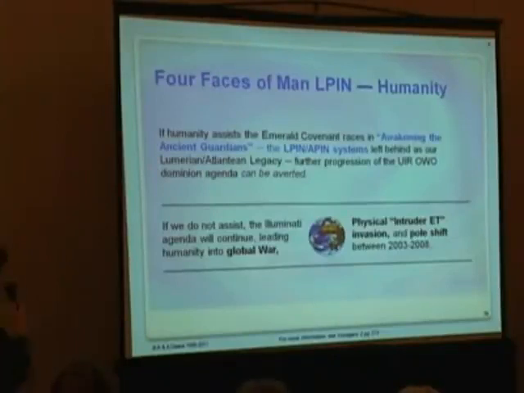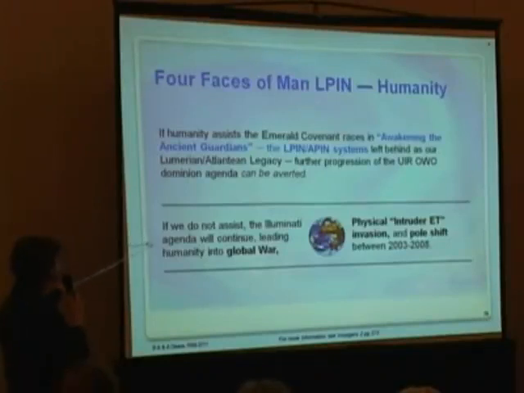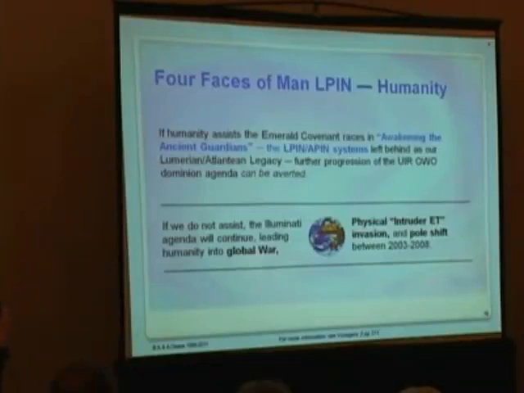If we do not assist, the Illuminati agenda will continue, leading humanity into global war, physical intruder ET invasion, and pole shift between 2003 and 2008. Well, that hasn't happened.